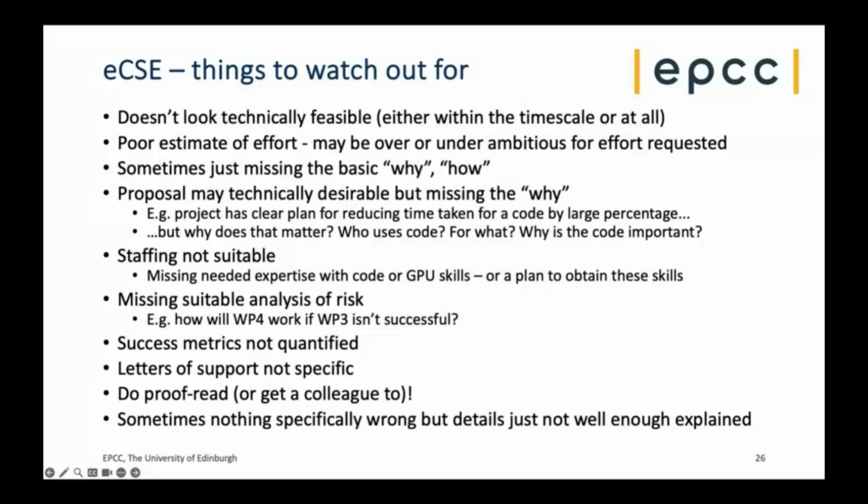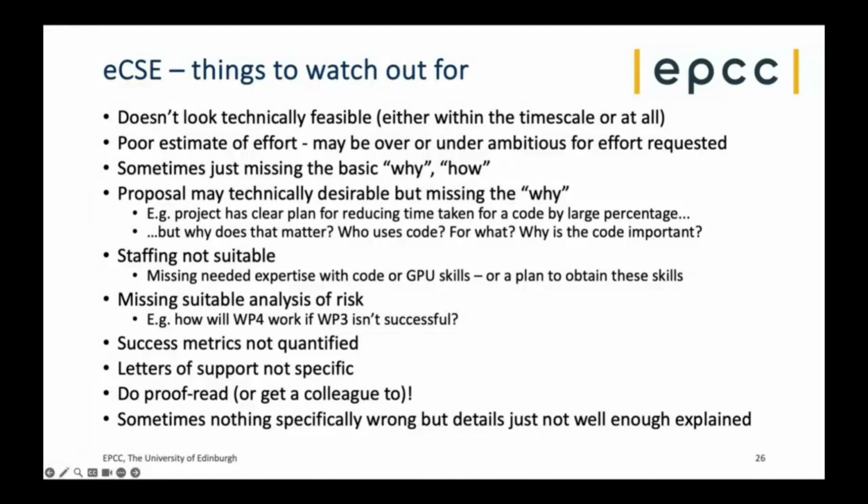Sometimes it's just missing the basic why or how. Why are you doing this, or how are you going to do this? We sometimes get a proposal that may be technically desirable, but it's missing the why. For example, a project may have a very clear plan for how you're going to reduce the time a code takes by some large percentage. On the face of it, that seems like an obviously good thing to do.